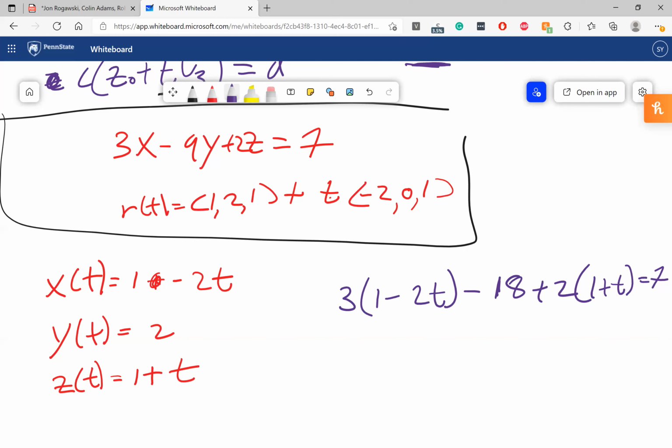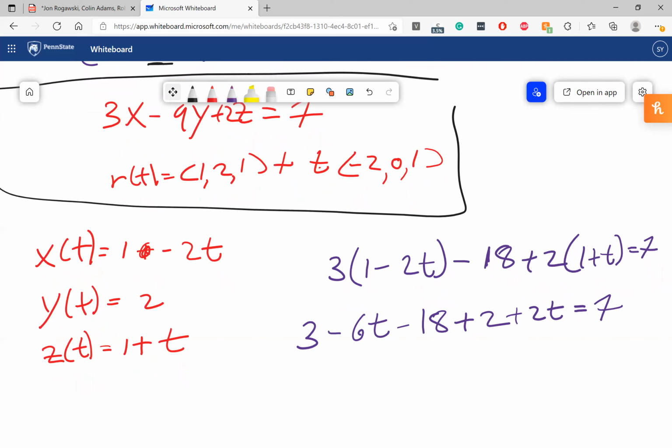In other words, 3 minus 6t minus 18 plus 2 plus 2t is equal to 7. So now in order to solve for t, I can just say negative 4t is equal to 7 minus 3, which is 4, plus minus 2, which is 2, plus 18, which is 20.